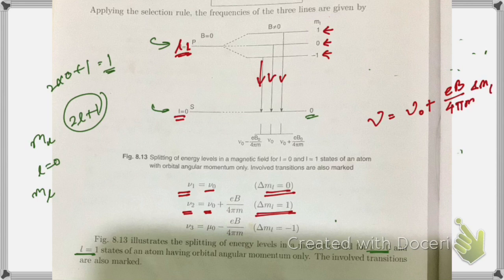So if you put the values of del ml here, 0, 1 and minus 1, you will get these 3 levels. That is demonstrated here. I hope you have understood this. This is the answer, so you can pause the video and note it down, and the remaining questions will be solved in the next video.